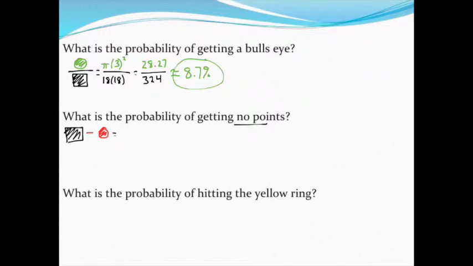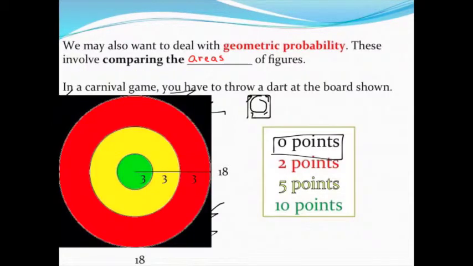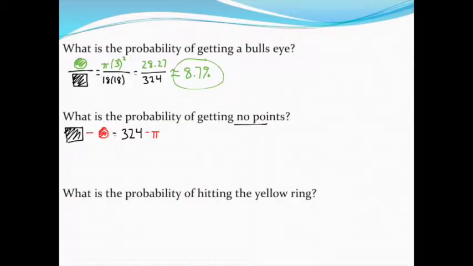So I already know the area of the square from the last example. That was 324. And then I'll subtract off the area of the red circle. Again, the area of a circle is pi times the radius squared. I can see the radius of the entire circle all the way out is 3 plus 3 plus 3, or 9. So 324 minus pi times 9 squared gets me an area of those border pieces of about 69.53.